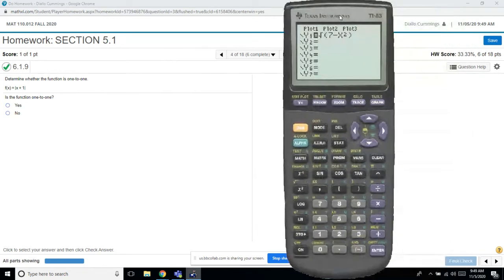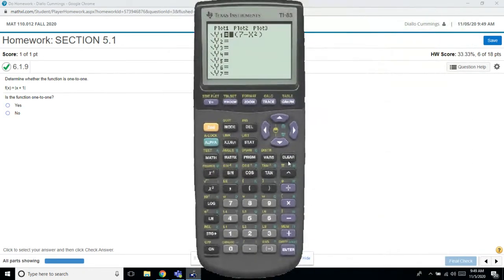I'm going to go back to y equals. I'm going to clear out y sub 1. I'm going to put in the absolute value. So remember, the absolute value is within math. I'm going to scroll over to number, and absolute value is our first function. I'm going to put in x plus 1, and I'm going to graph.